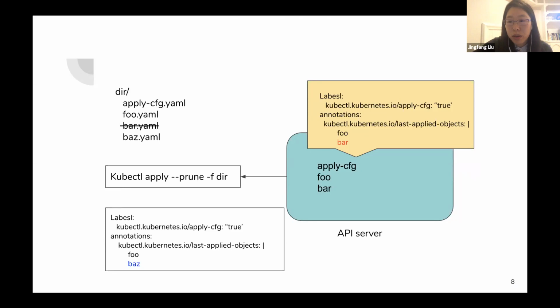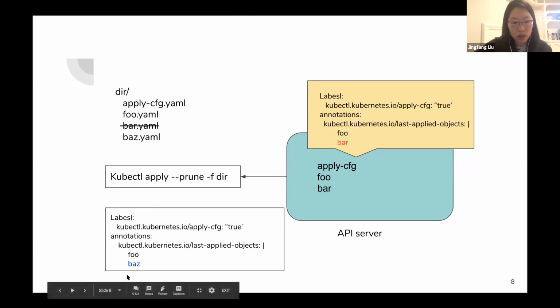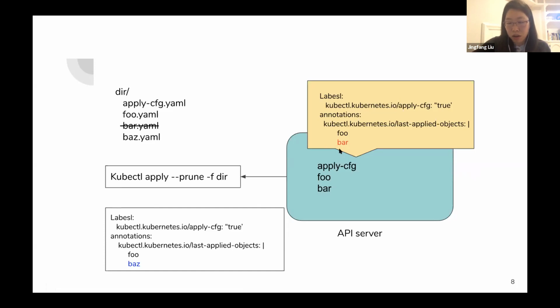There, the last apply objects has the list as foo and bar, but in the new apply config object, we have the list of objects as foo and baz. So those two sets are different, and kubectl will compute the difference of those two sets and create the new resource, which is baz, and delete the old resource, which is bar.